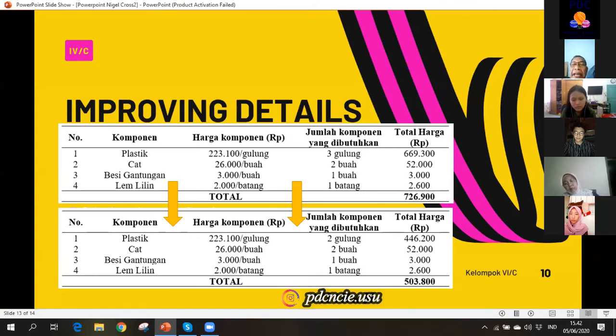How come it can be different? That's why, sir, we were informed by the people that they only need 2 rolls of plastic. I think the price can be so pricey because of the usage of the machine. It's not all about the plastic. They count it as a sum of the machine and plastic. That's why the price can be so high.